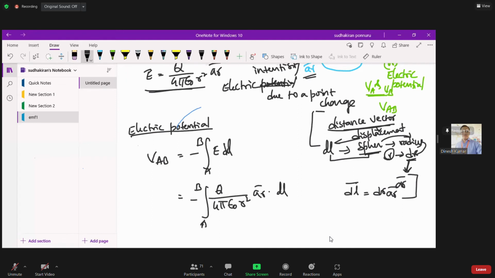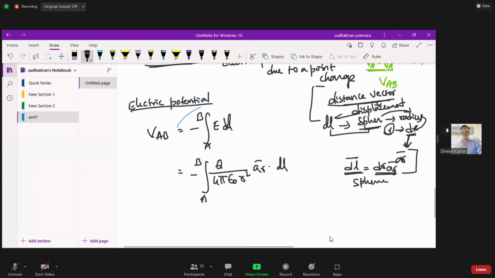So dr along AR bar is dr into AR bar, which is the displacement for a sphere. Therefore, whatever the value of dl is here, we have to replace it with dr AR bar.